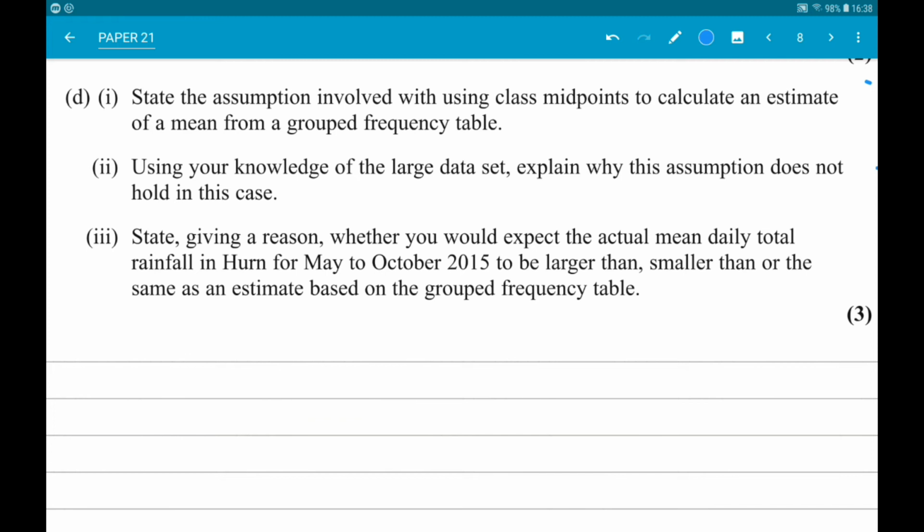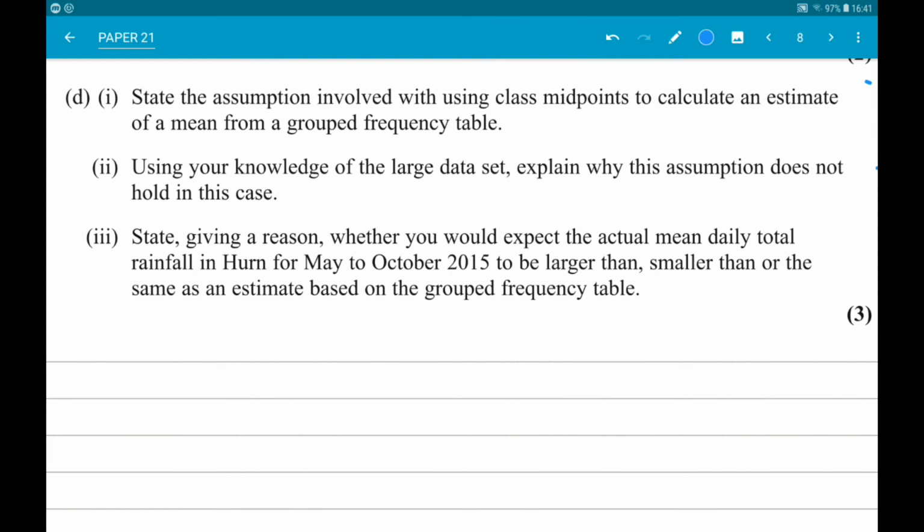So it's not, say, in an interval that's 10 wide, that the data is all towards the bottom or the top end of the interval, but uniformly spread throughout the whole interval. And then we use the midpoint as the average from that interval.